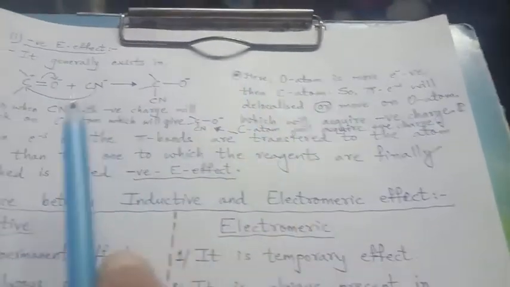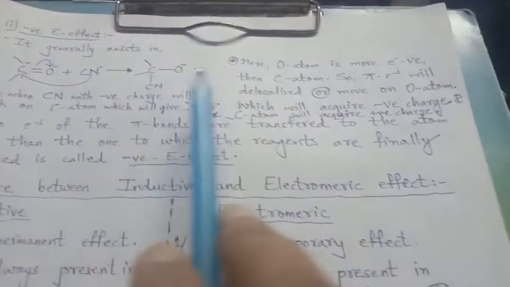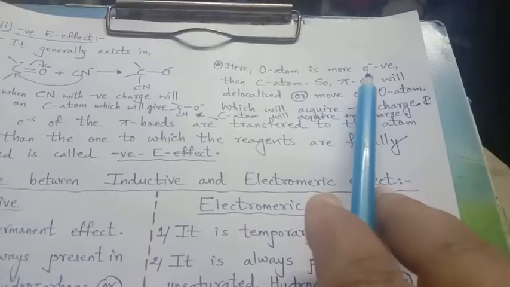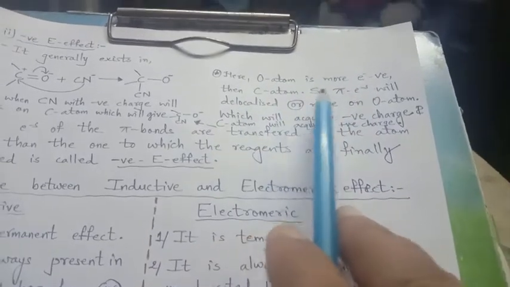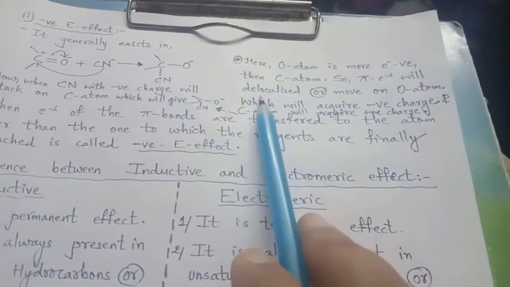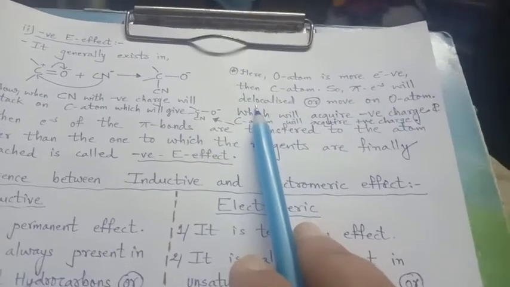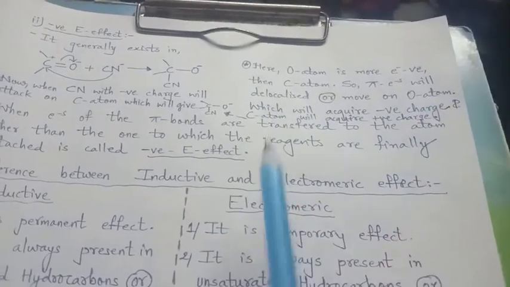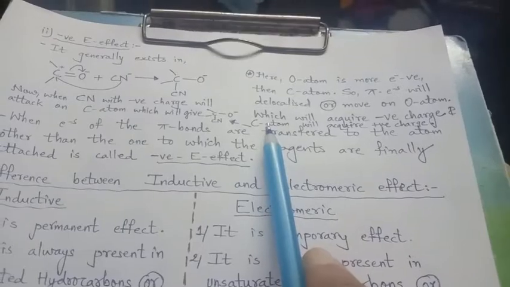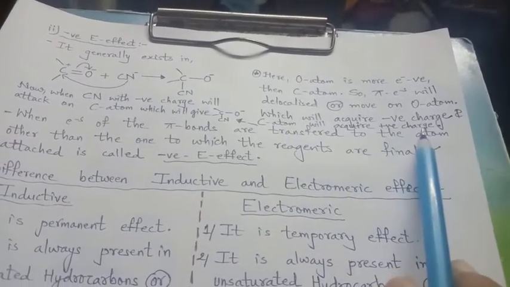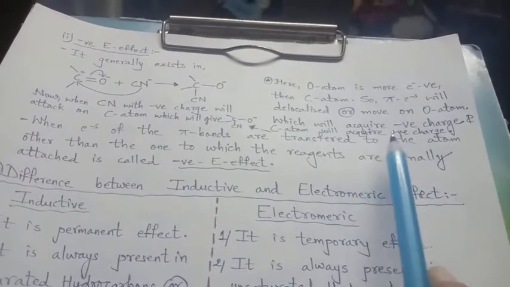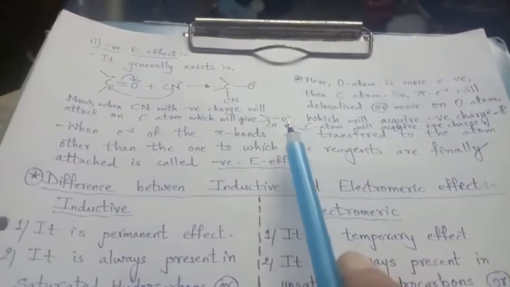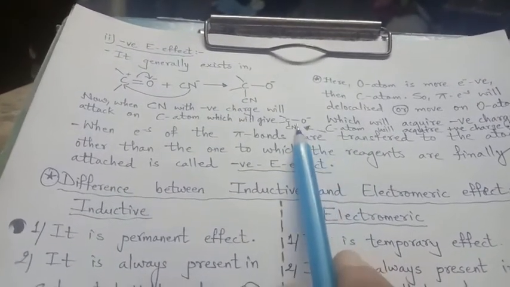Here, in this example, the oxygen atom is more electronegative than the carbon atom. So the pi electrons will delocalize. It means they will move onto the oxygen atom, which will acquire a negative charge, and the carbon atom will acquire a positive charge. Now from here, see, I have kept an arrow.